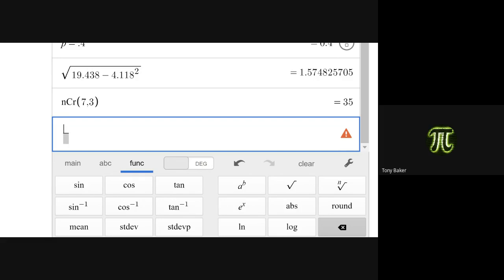So you do 7, and see how the little C right there next to it? And then 3. Which is 35. You're going to hit 7, and then math, and go over to probability. It's a 3. And then 3. That's horrendous. I'll just do it. Anybody else?